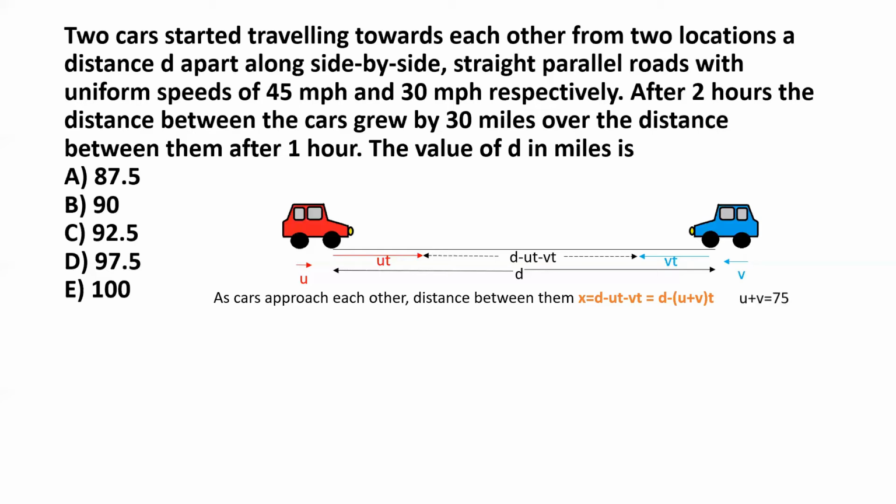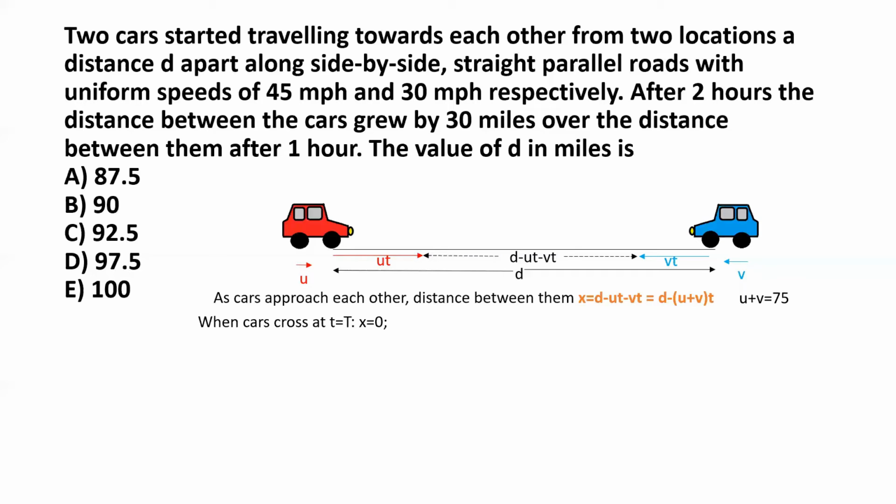And what is u plus v? That's given as 75, because u is 45 and v is 30, so the relative speed is 75. At some point, the cars will cross each other, and let the time of crossing be denoted by capital T. How do you find at what time the cars cross each other?